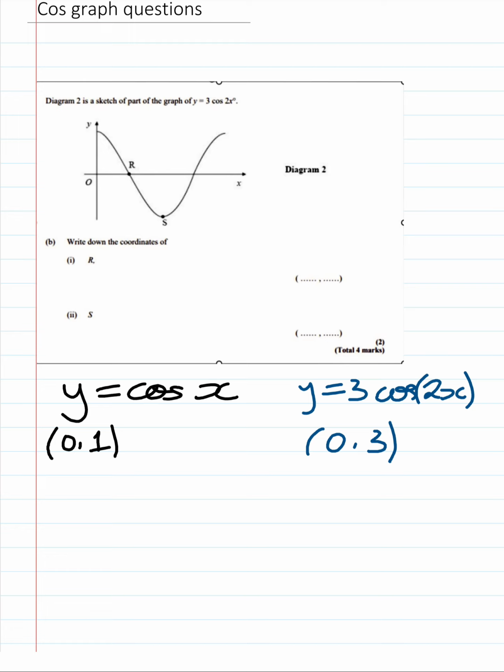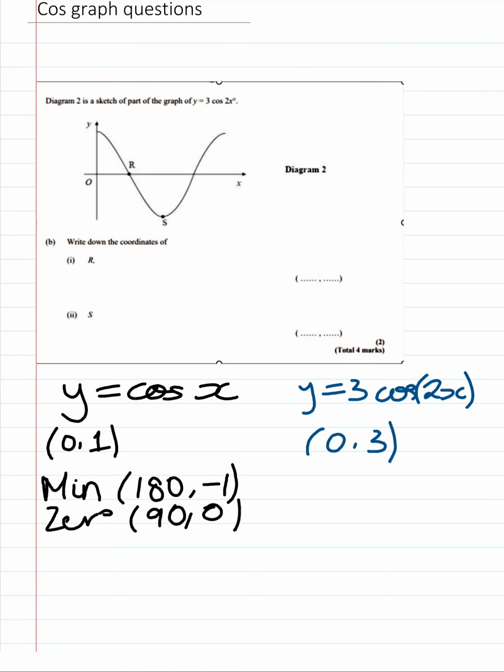For a normal cos graph, the minimum point happens at 180, minus 1, and it crosses the x-axis at 90, 0. These are key facts that you need to know about cos graphs, which are helpful when solving the question.